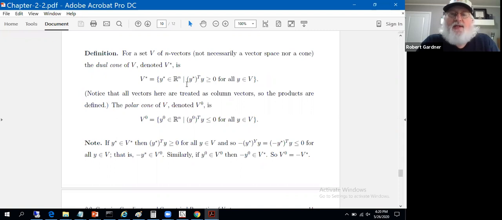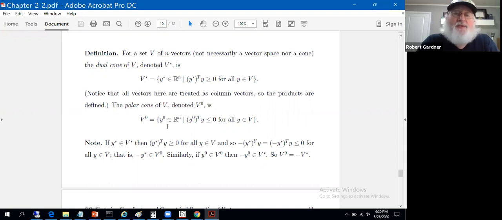Well, if it's really just an inner product, then that's related to angles. So we're saying the inner product is greater than or equal to 0. That has implications about the angles between Y stars, elements of V star, and Y's, elements of V. The polar cone of V, denoted with super 0, V super 0, is kind of the same thing.